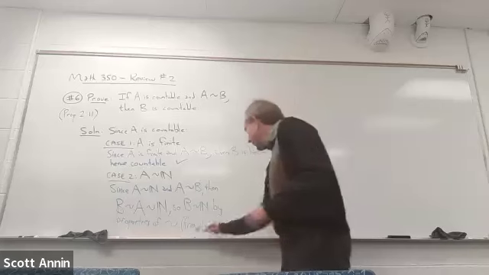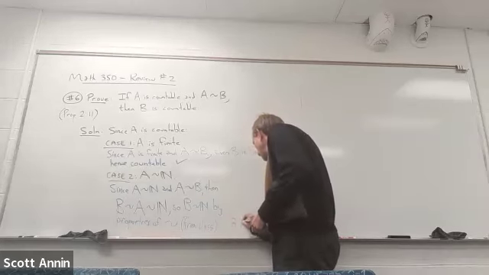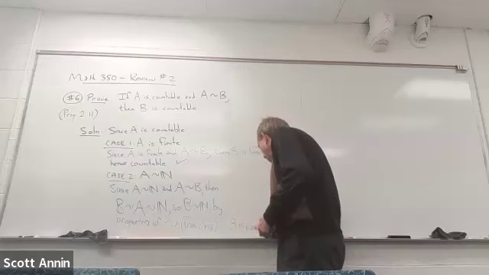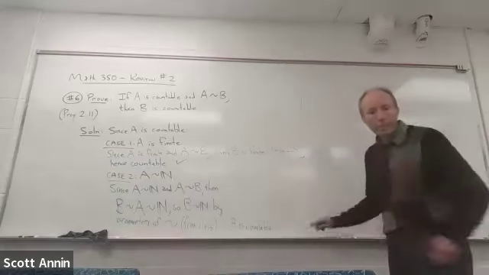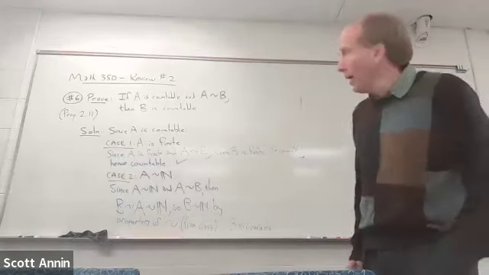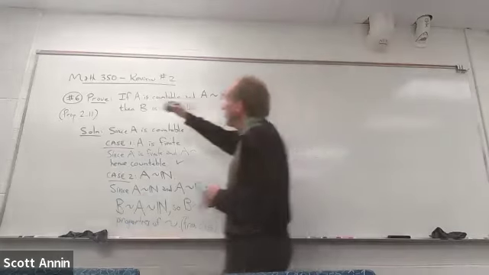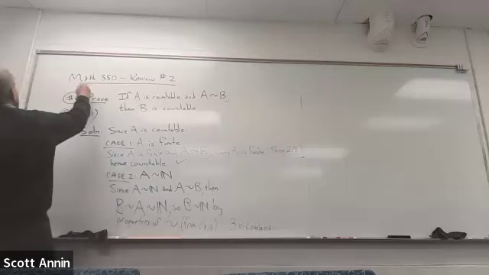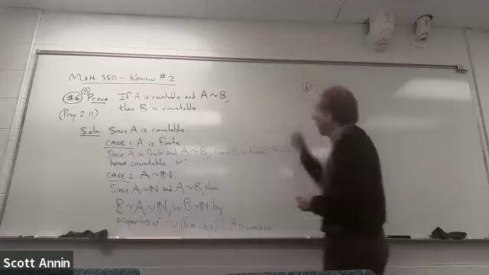So yeah, once again, B is countable. So in both cases, then B is countable. Okay, great. Let's call this 6A. And then I'm going to do a part B because it's related to it.